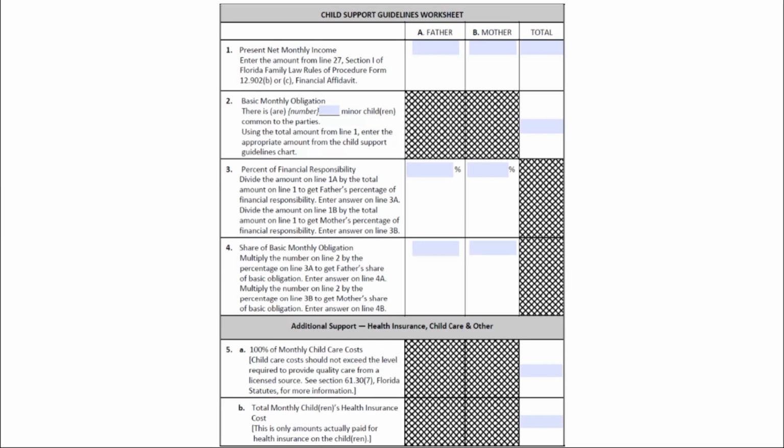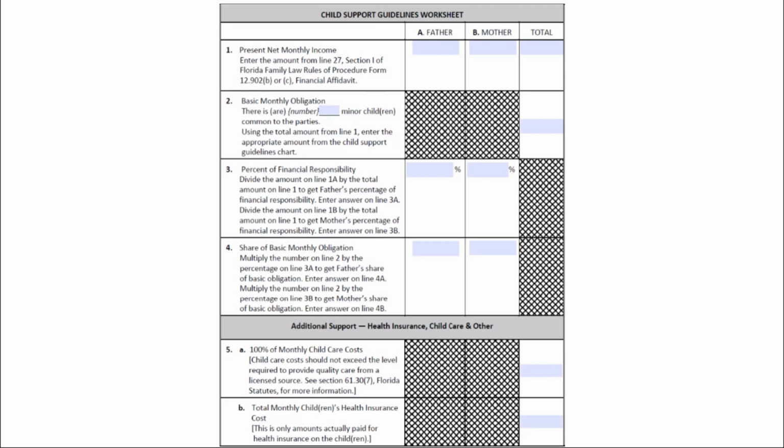You will be able to find this amount from line 27, section 1 of the Florida Family Law Rules of Procedure Form 12.902B or C, the financial affidavit for both parties.